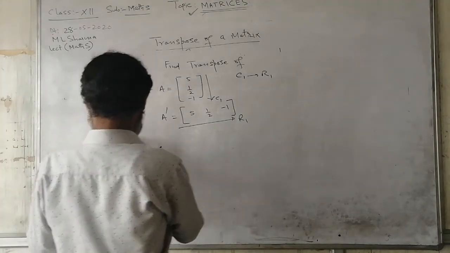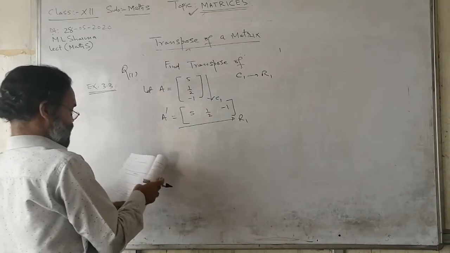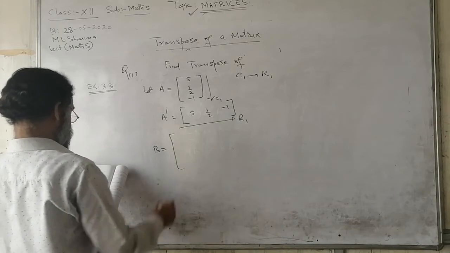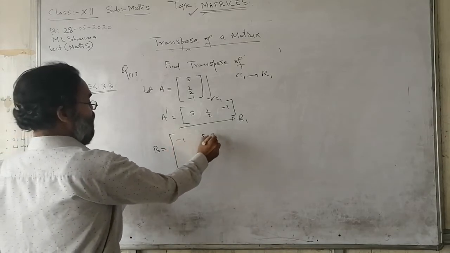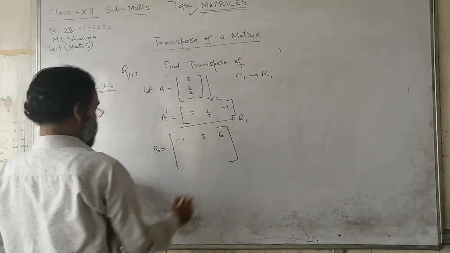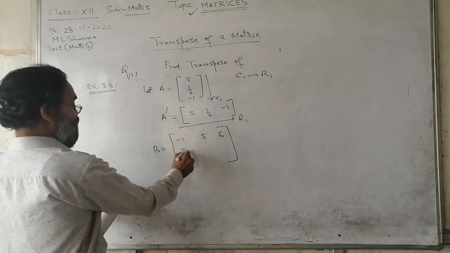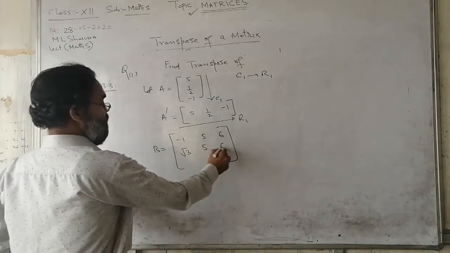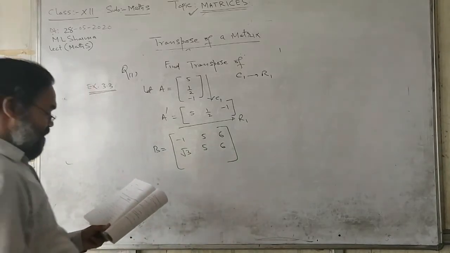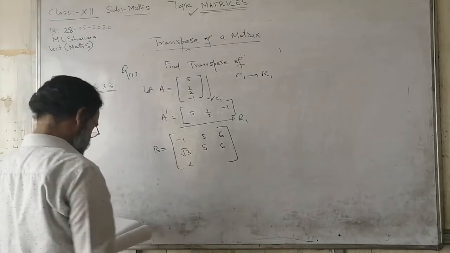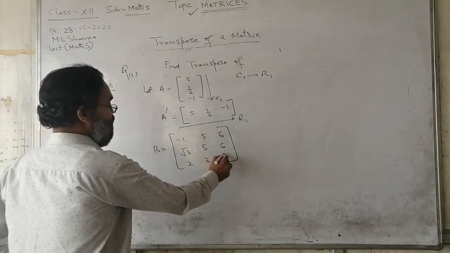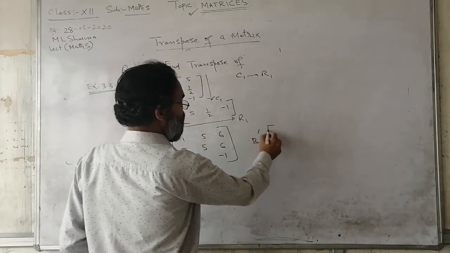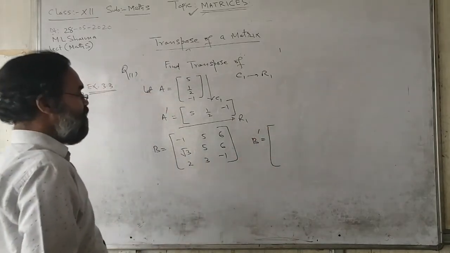Similarly, there is another part of this question. Say this is matrix B. It is given as minus 1, 5, 6 as first row elements, then 3, 5, 6 as second row elements, and third row elements 2, 3, minus 1. So simply you have to find its transpose. Simply change the row into column.